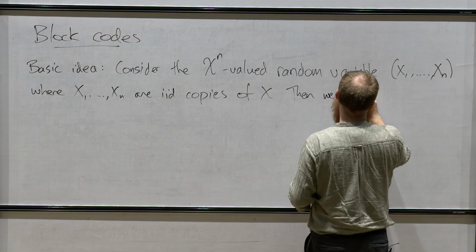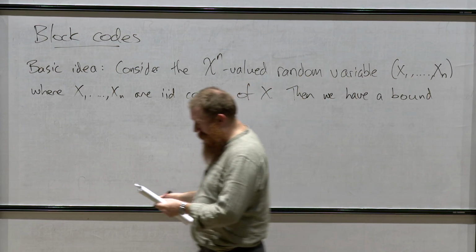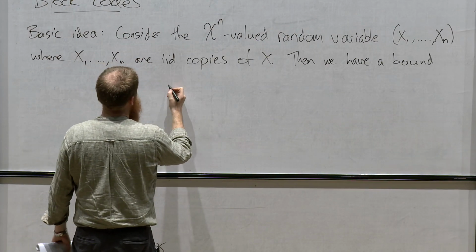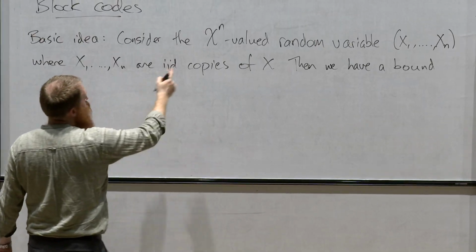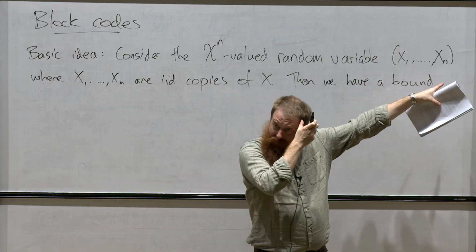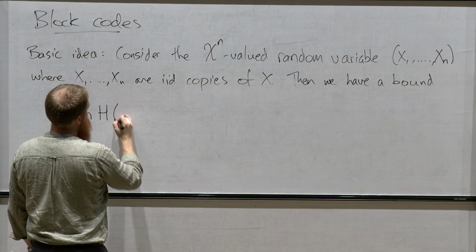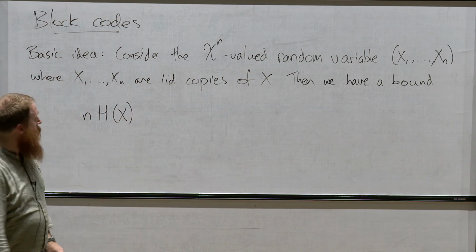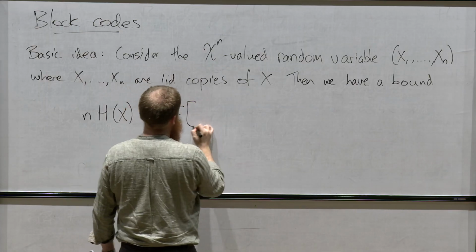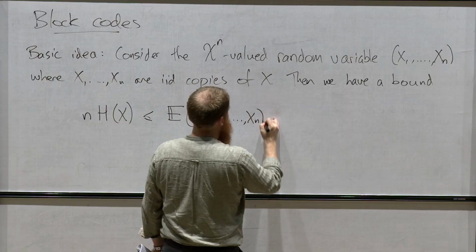we have a bound. Okay, let's think about this. Well, the entropy of this random variable, we've already seen, the entropy of n independent copies of a random variable is n times the entropy of X. That is less than or equal to the expected code word length for X1 through to Xn.